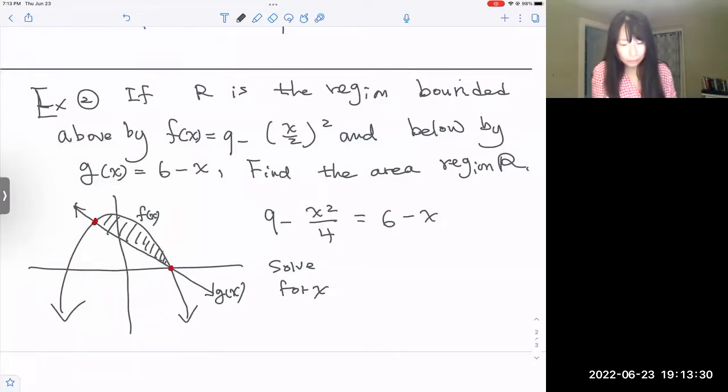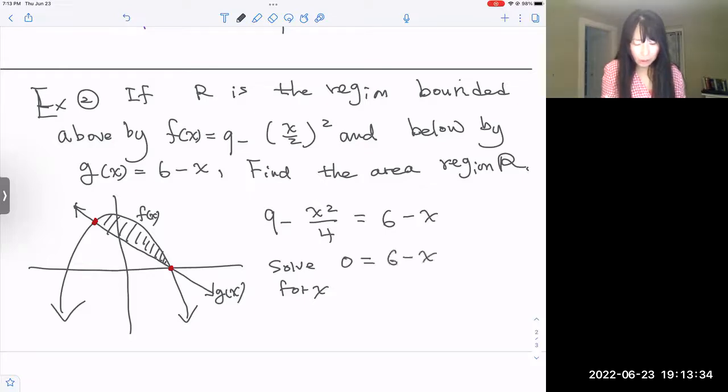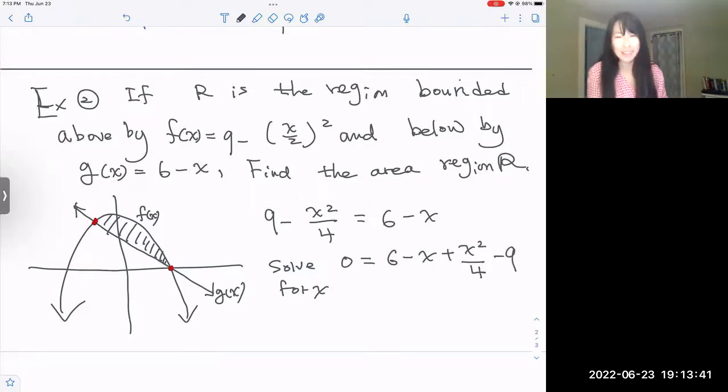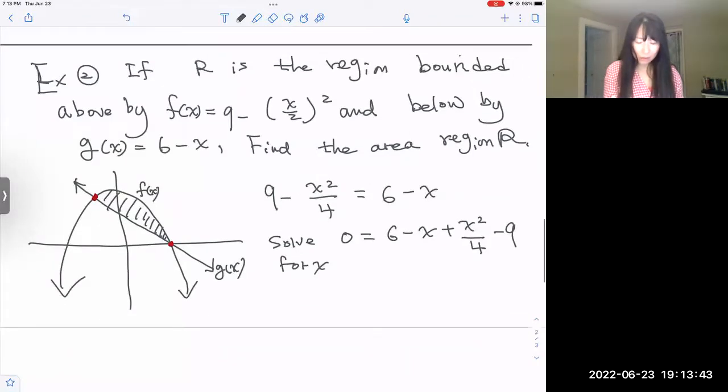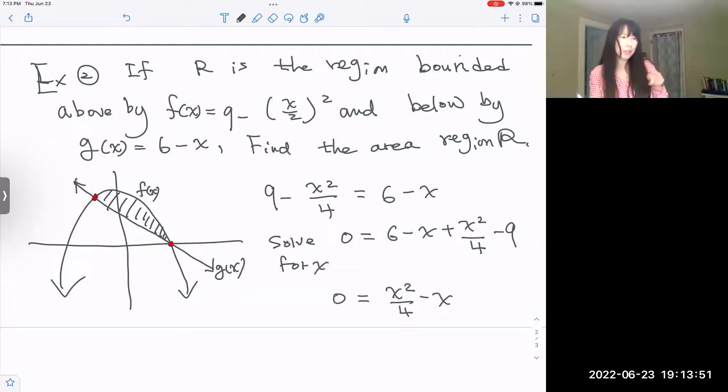So we have 0 equal to 6 minus x plus x squared over 4 minus 9. Now we have 0 equal to x squared over 4 minus x, minus 9 plus 6, which is negative 3.